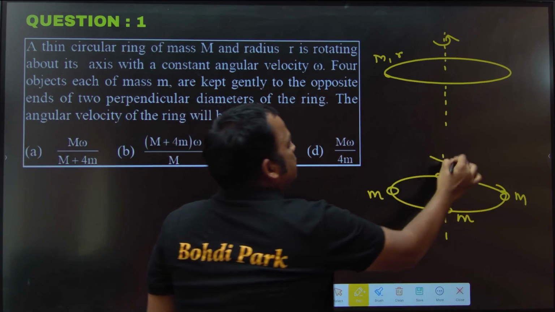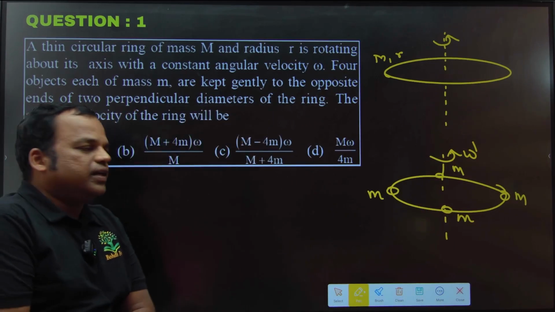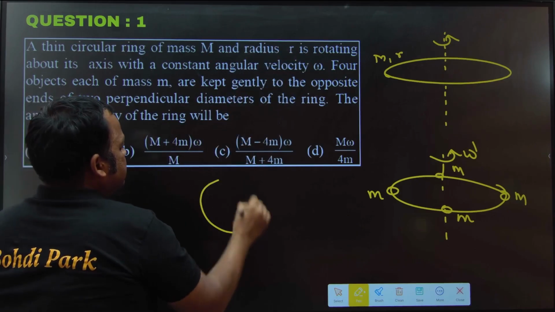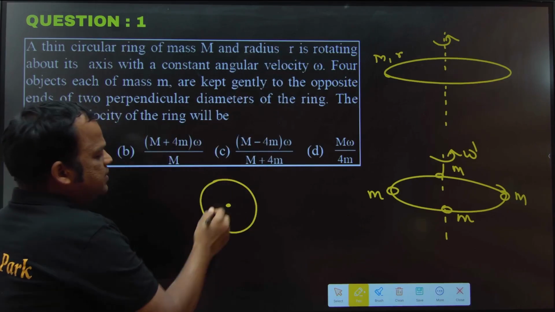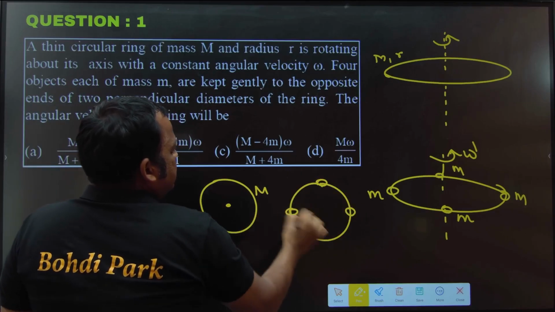So what is the new angular velocity? Suppose it is omega dash. So if you look from the top, the ring will be like this. Previously the ring is like this, and after 4 masses are placed, it will be like this.